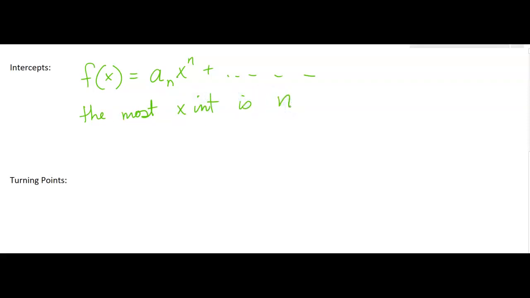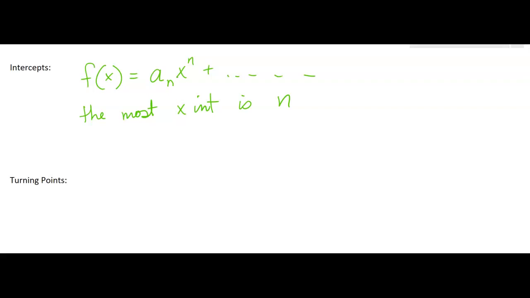So if it's third degree, then you can only have, at the most, 3 x-intercepts. If the degree is 7, then you can only have 7 x-intercepts at the most, okay? You might not have that many intercepts. You're not guaranteed to have that many, but that's the most you can have. It goes by the degree, okay?